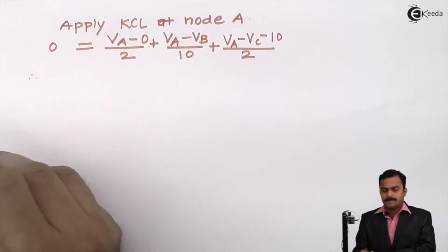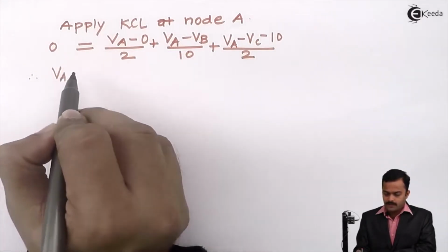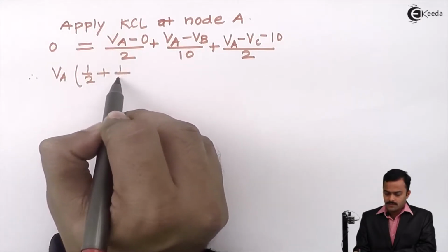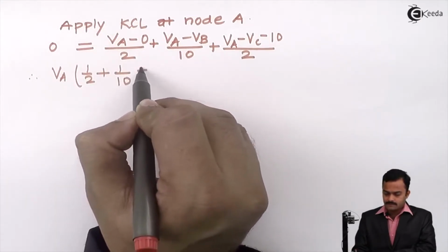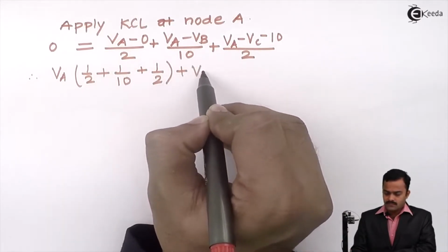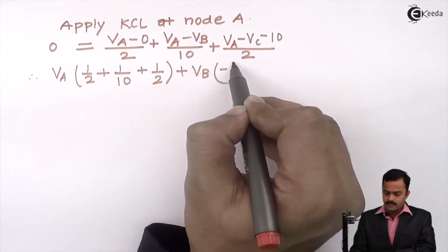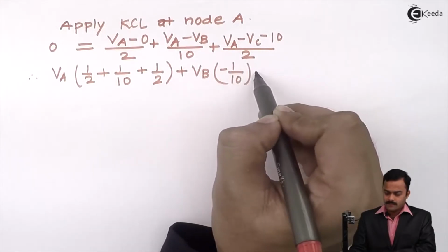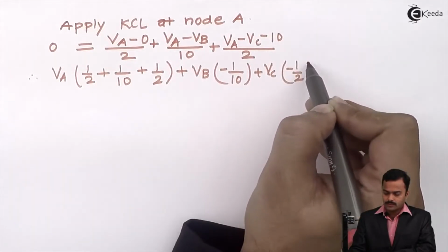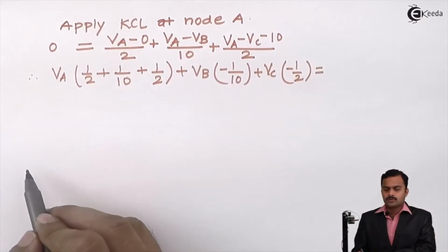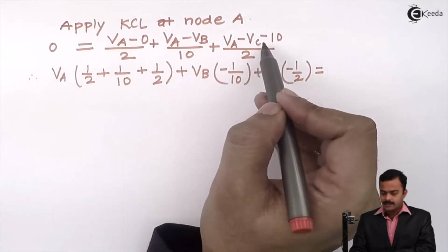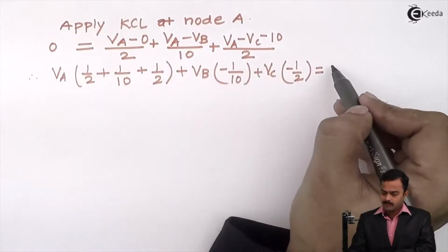So let's simplify. After simplifying, I will get VA (1/2 plus 1/10 plus 1/2) plus VB, coefficient minus 1/10, plus VC, coefficient minus 1/2, equal to a constant. On this side of the equation the constant is minus 5. I take this constant to the other side, it will become plus 5.